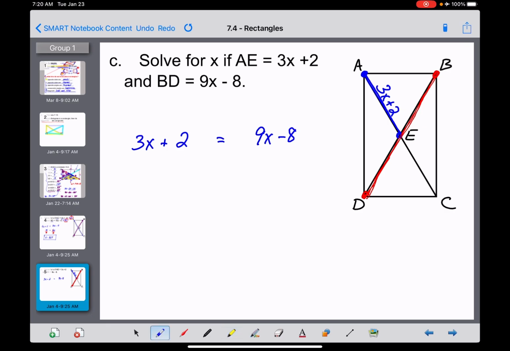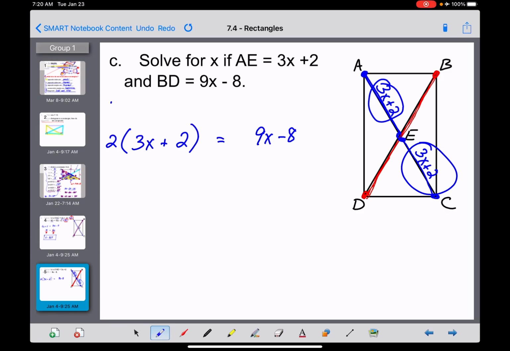We need to take advantage of the fact that the diagonals in any parallelogram bisect each other. And that means that from E to C is going to have the exact same length as from A to E. That's a 3x plus 2. And that means that it's two 3x plus 2's that make up this entire diagram. So I'm going to multiply my 3x plus 2 times 2.